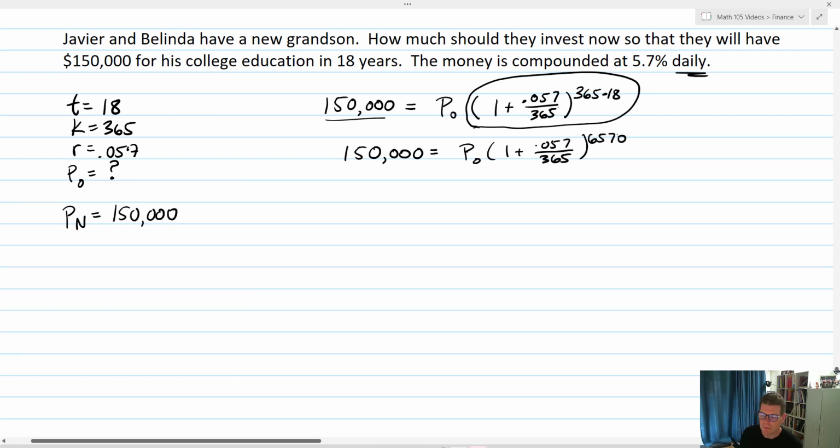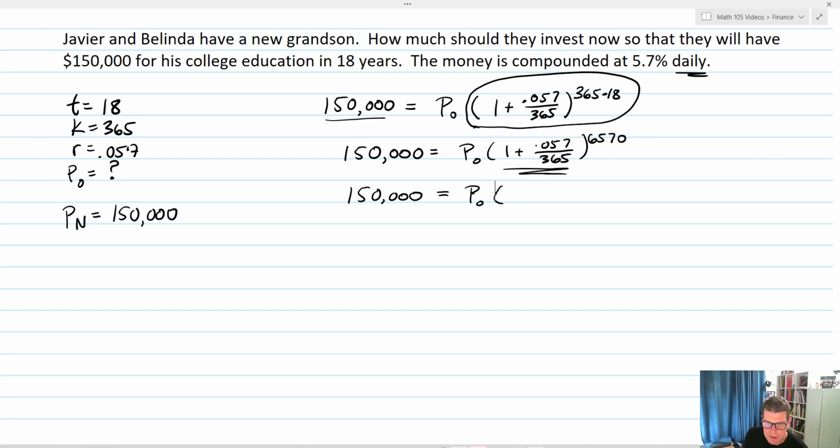There we go. Next up, I'm now going to figure out what's going on in the middle here. So it's going to be 150,000 equals P naught, and this is 1. We're going to go find that, so let's get our calculator.